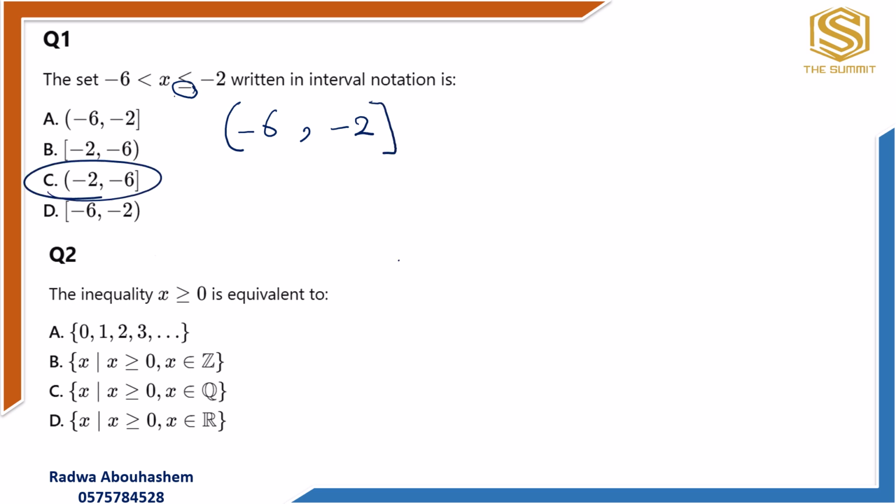So here is the answer. The inequality x greater than or equal to 0: x is any number which is greater than 0, and the 0 should be included because we have an equal sign. So does it belong to Z or Q or R? No, it belongs to R, because I didn't specify anything.